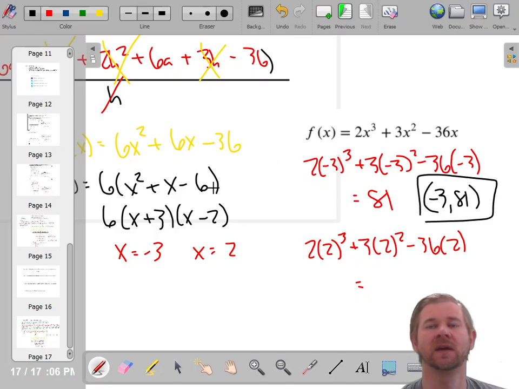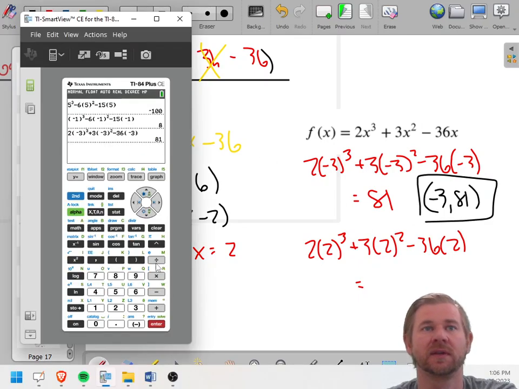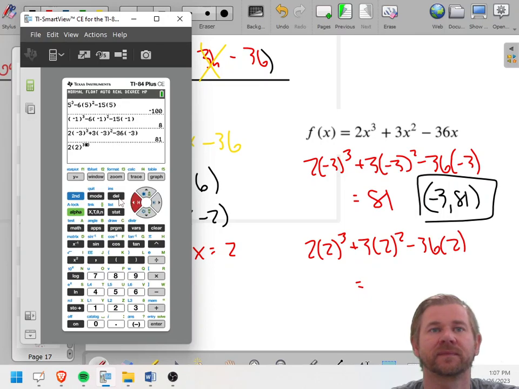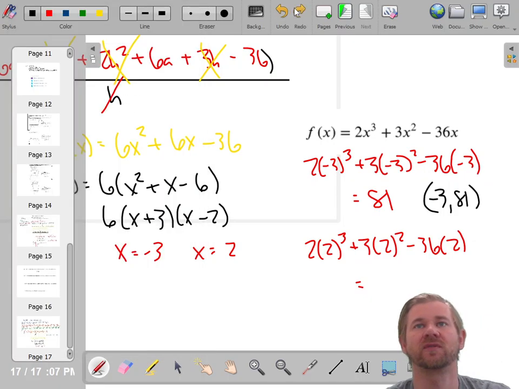That's one of them. I'll do the same thing for the other now. 2 times 2 cubed plus 3 times 2 squared minus 36 times 2, and you get negative 44.